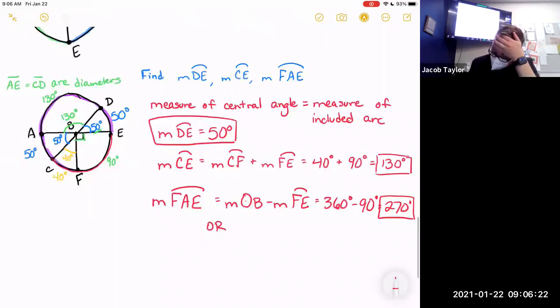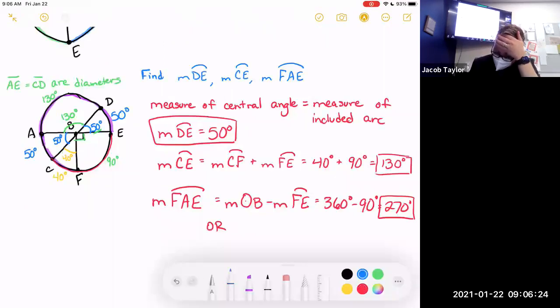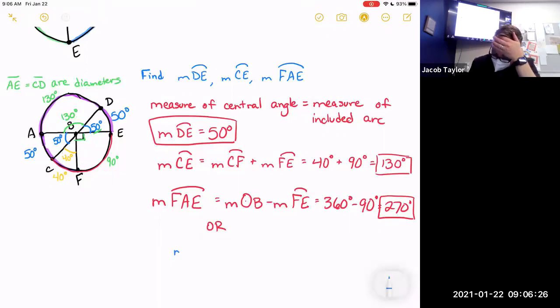Or you could add all the things except FE. Now, Emily's way clearly is faster, but you got options.